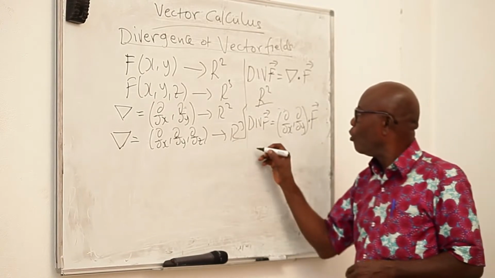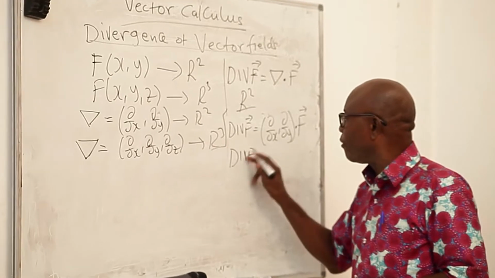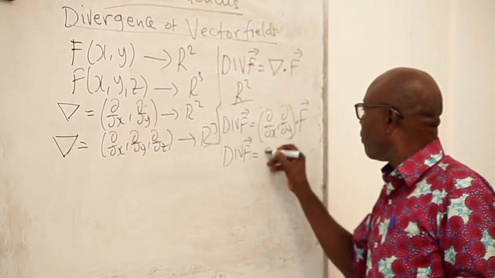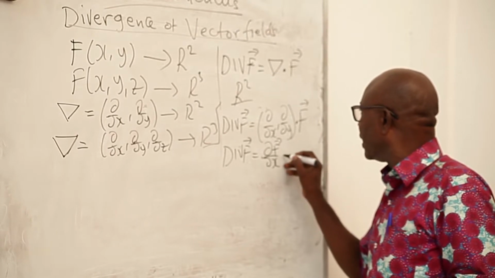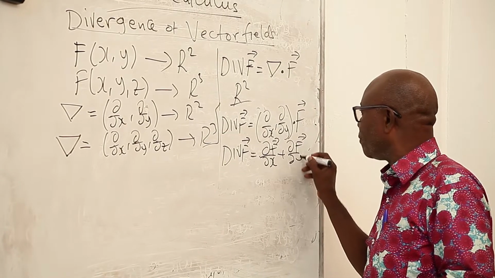And so for two dimensions, divergence f is given as partial f partial x plus partial f partial y.